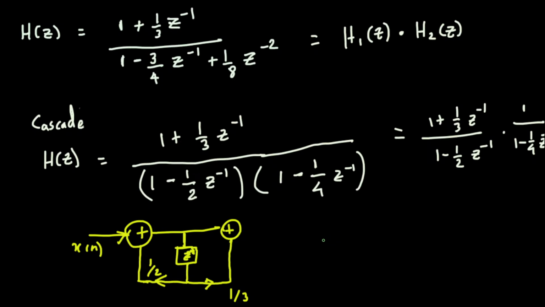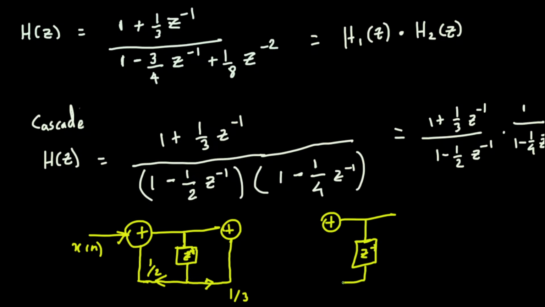Now the next thing is I have to draw the H2 of z. For the H2 of z, I have only a pole here, so I just need a 1 plus, because I'm only going to have one side of the diagram, and again z power minus 1.